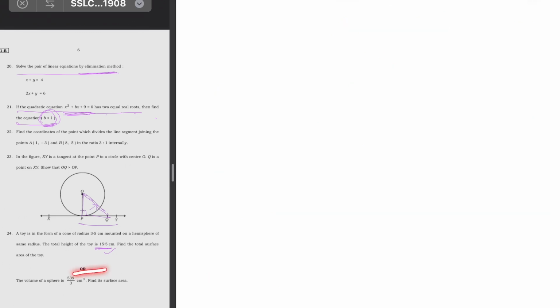For the 24th question, the volume of the sphere is 539 by 3 centimeter cube. Find its surface area. So what is given? Let us start with the question.